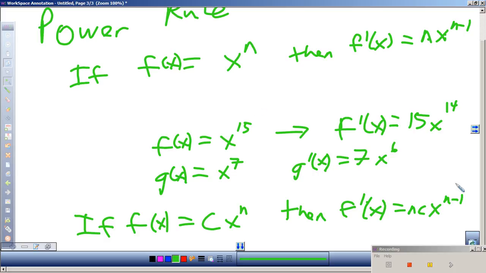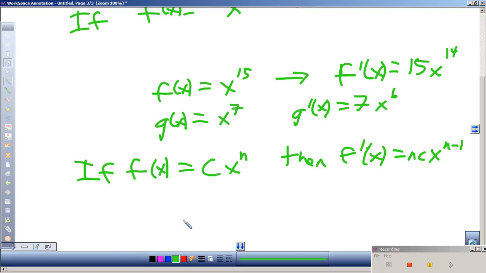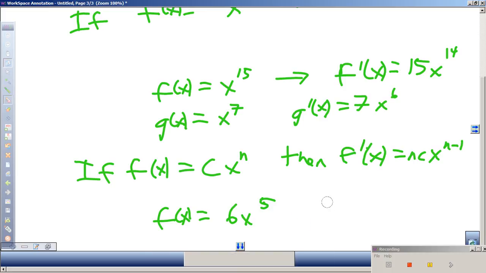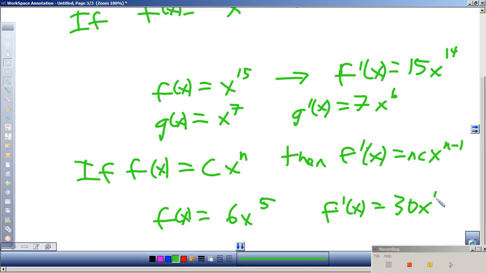So in other words, if we have a number already there, some constant, so f of x equals 6x to the 5th, what would f prime be? Or yes, 30x to the 4th.